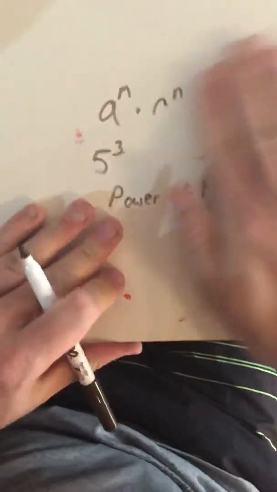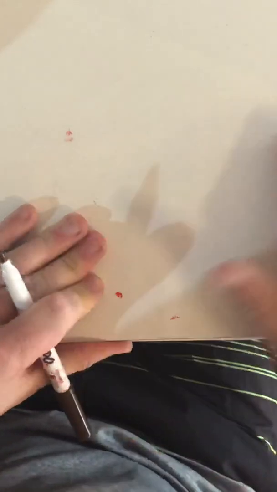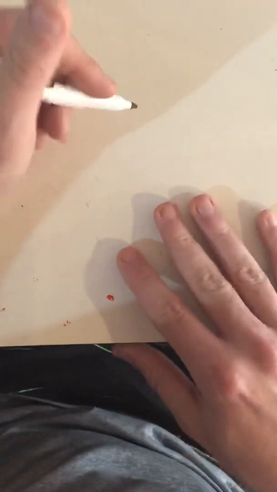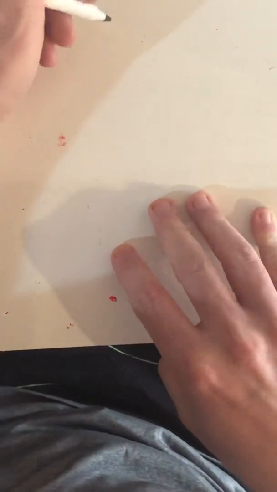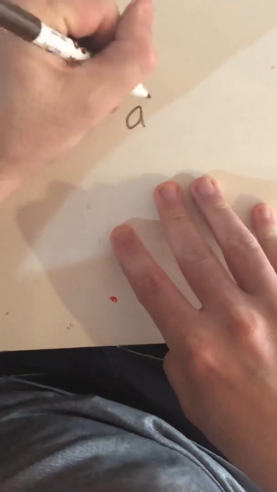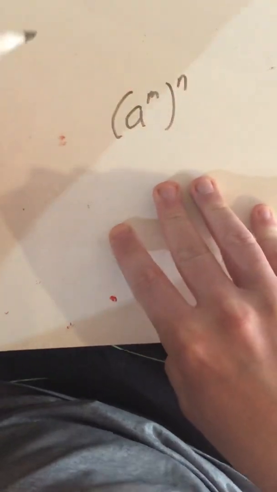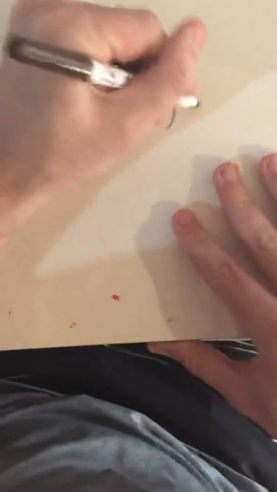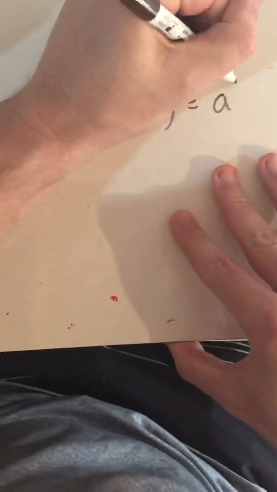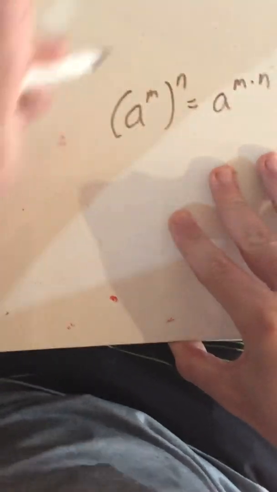All right, the next one that we talked about was power to power, or product of powers. So what that looks like is you'll have parentheses. If you see parentheses with something on the inside and something on the outside, you're going to multiply the two exponents.